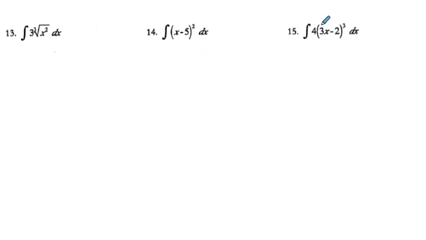I'm going to take this piece here, this quantity 3x minus 2 cubed, and just work on that. And then we're going to take this 4 on the outside, so we'll see what that looks like.